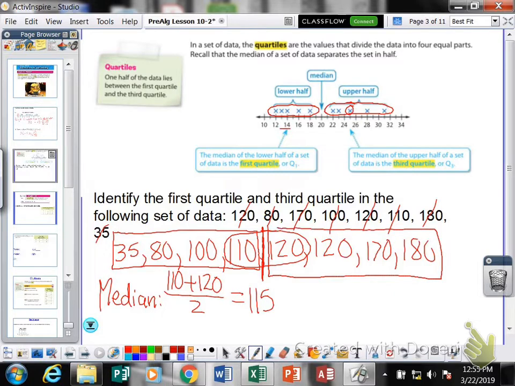Again, notice I have the same amount of numbers in both my upper half and my lower half. I have 4 numbers. So to find my Q1, I have to take the median of the lower half of the set of data. So I'm looking at these 4 numbers. I know I'm not going to have one specific value right away, so we'll highlight it instead, actually.